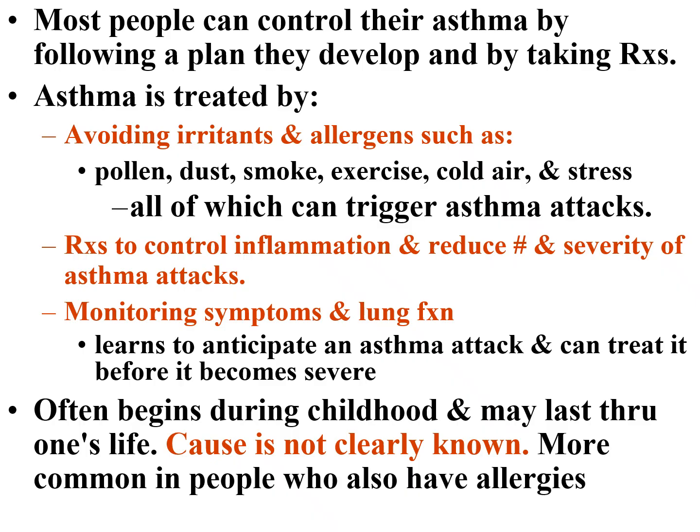So they learn to anticipate an asthmatic attack and then treat it before it becomes too severe. It often begins during childhood and may last throughout one's life, and the cause really is not that clearly known. So the etiology is not that known, and what is known is that it's more common in individuals who also have allergies.